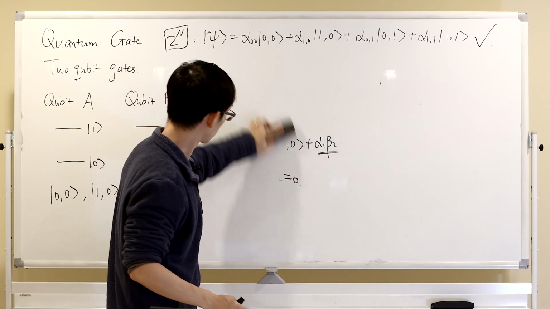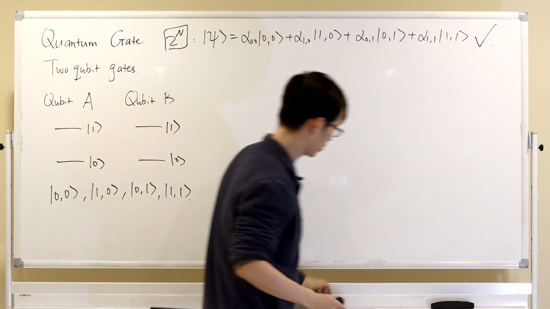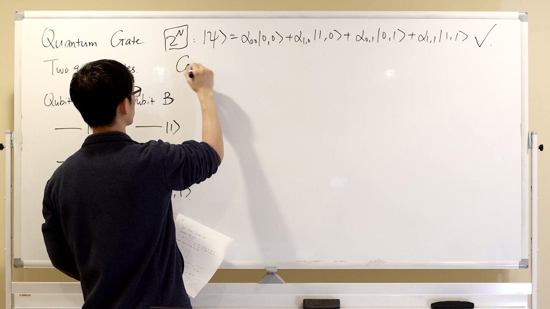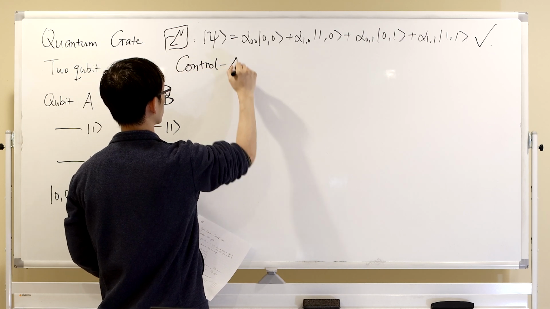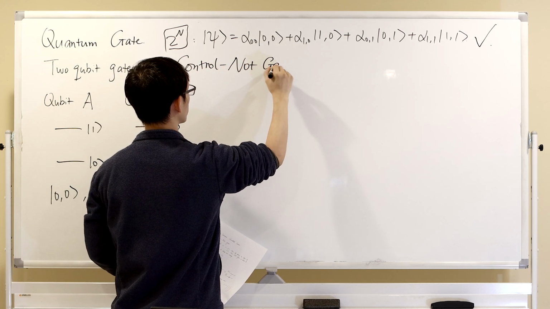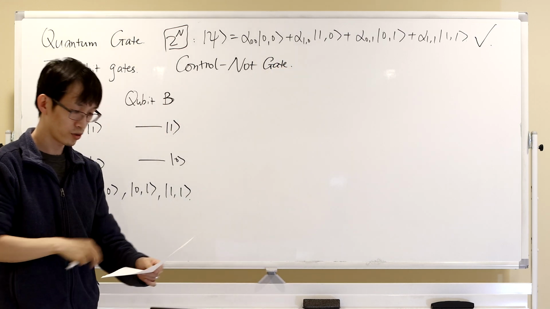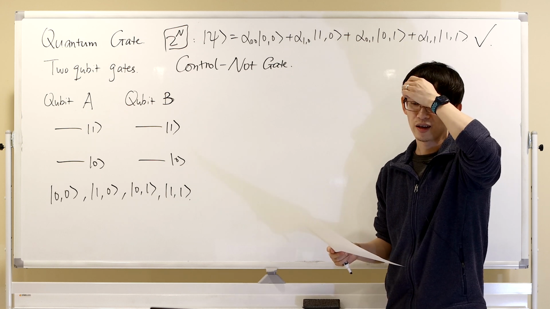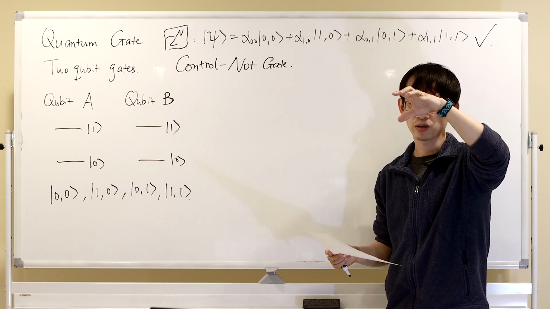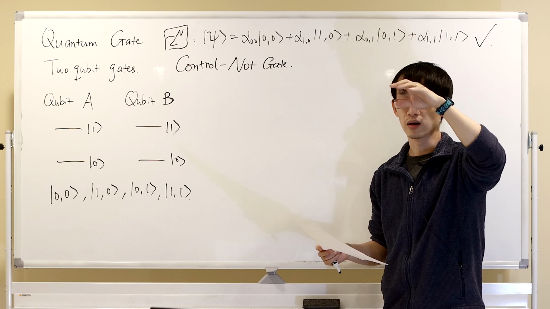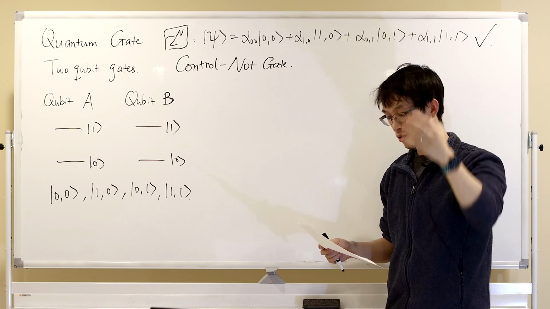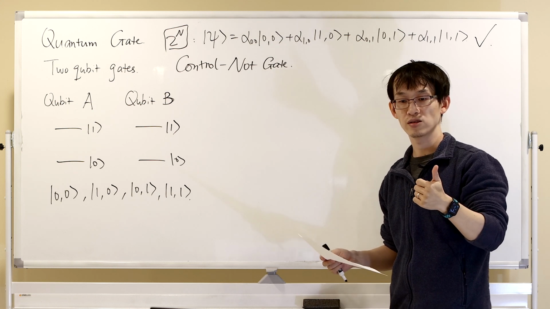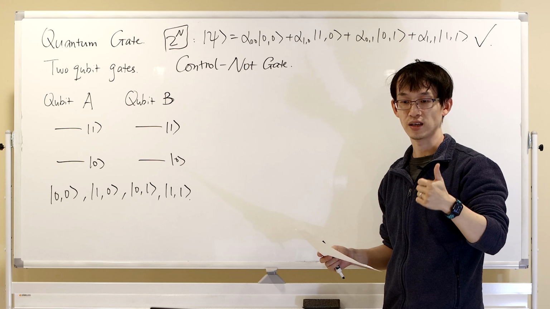Now let's introduce a very common two-qubit quantum gate. It's called the control NOT gate. The reason we talk about the control NOT gate is that mathematicians have proven that a control NOT gate combined with single qubit gates can be used to construct any quantum gate.